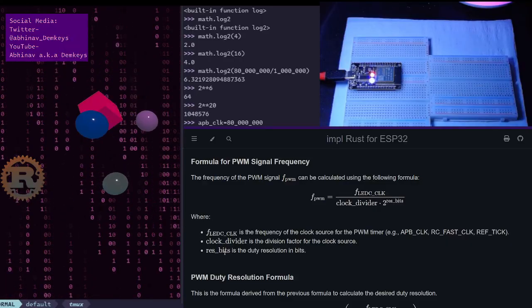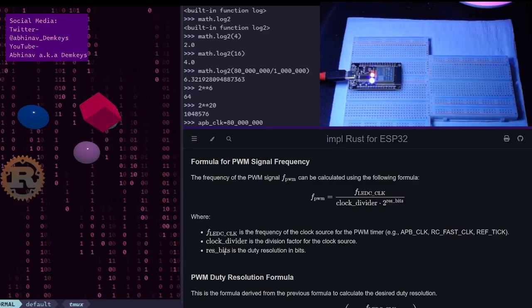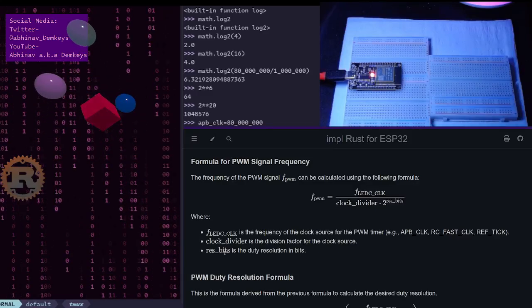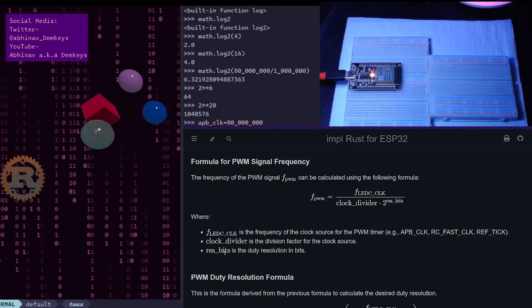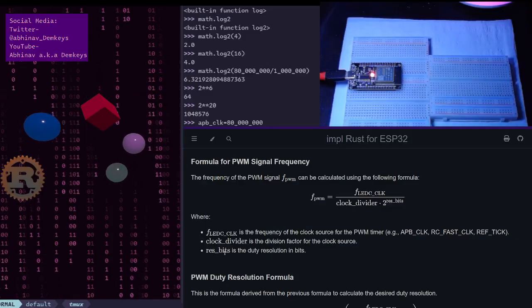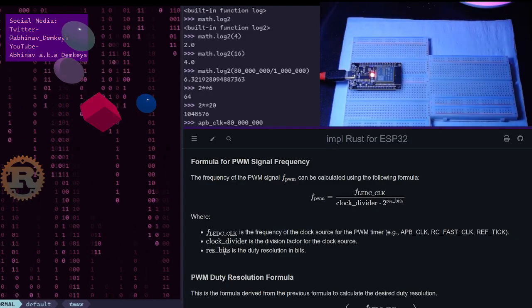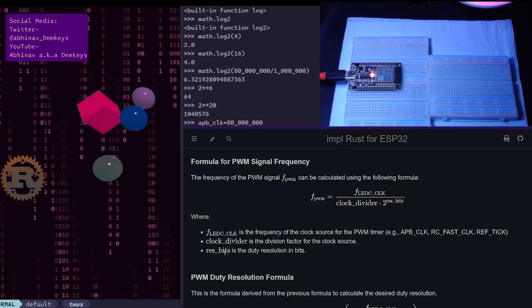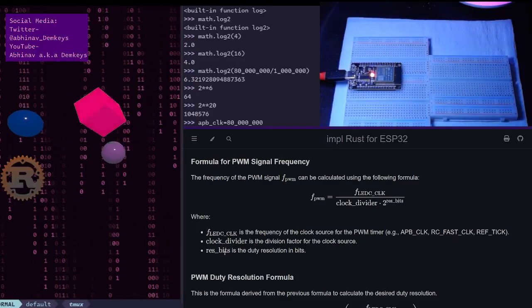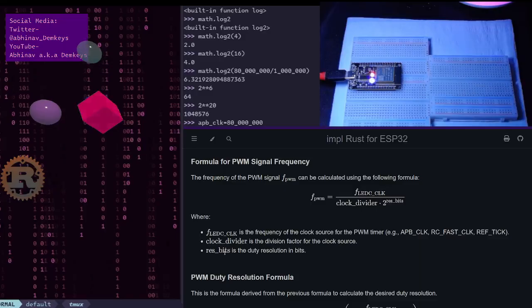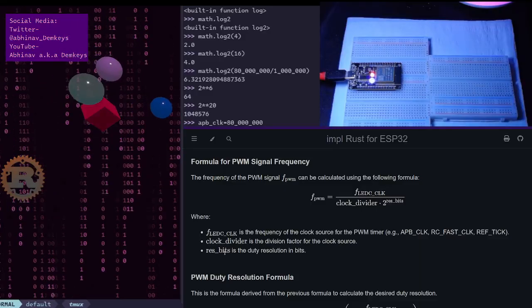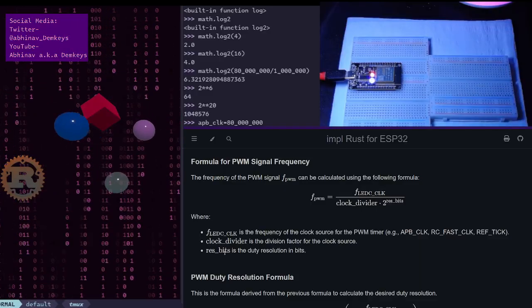We haven't set up a clock divider here yet, so I don't know how the clock divider fits into this. Let's say there's no division, CLK_div equals 1.